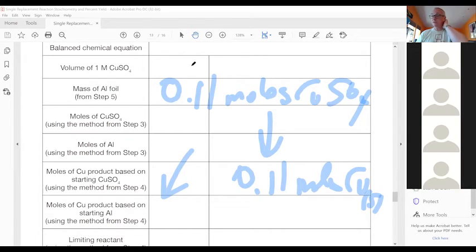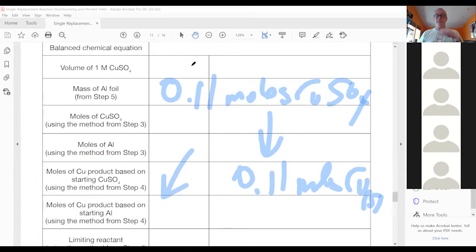So what you're going to do is calculate the amount of copper you would get if all the copper was converted, and then you're going to calculate how much copper you would get if just the aluminum was taken into consideration. And whichever number is less, that is your limiting reactant. And so what we're basically counting on here is that you're going to have less aluminum than copper.